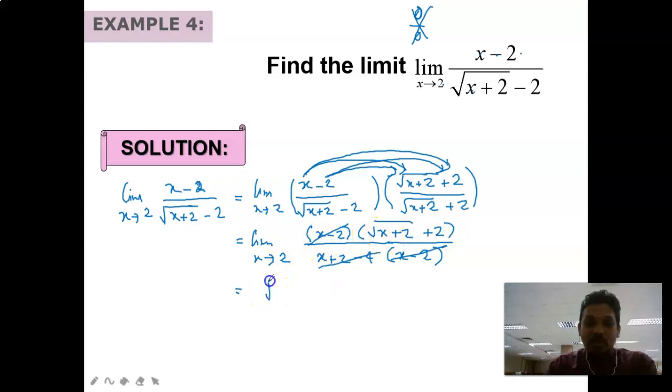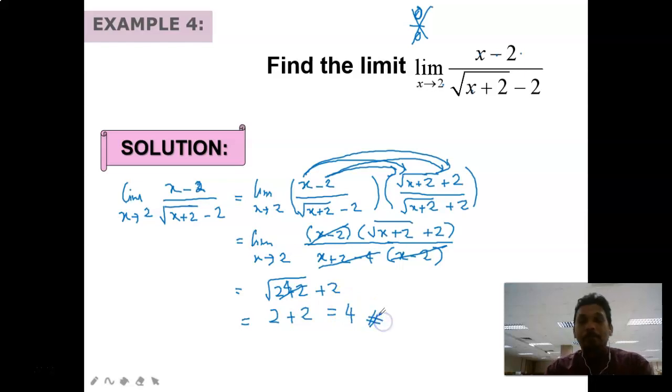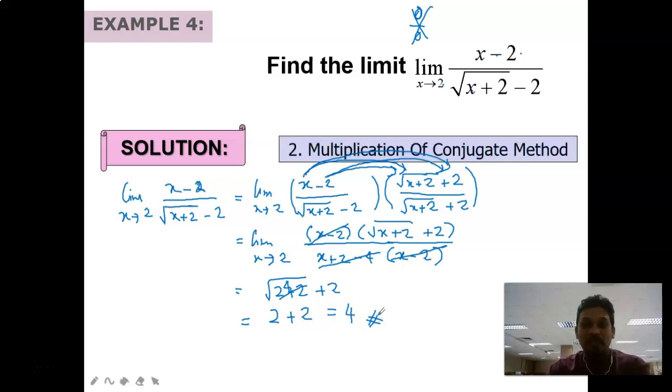Square root of 2 plus 2, and then plus 2 here. Square root of 4, 2 plus 2 equals 4, and square root of 4 equals 2, then plus 2 here equals 4. Okay. Multiplication by the conjugate.